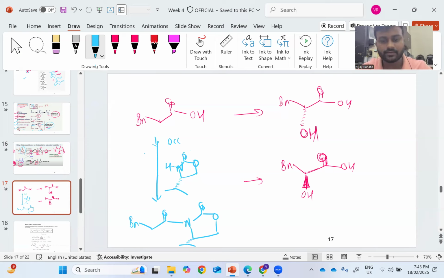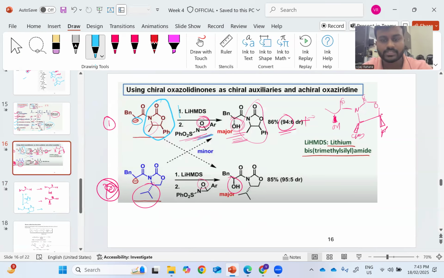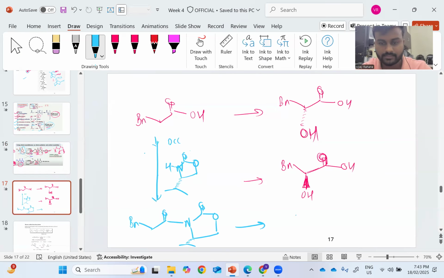Right. So we get this chiral auxiliary, and when we use the reagent LiHMDS and the oxaziridine, we get this product.